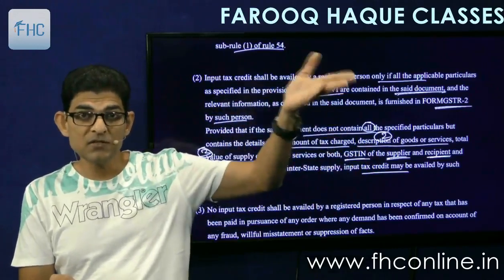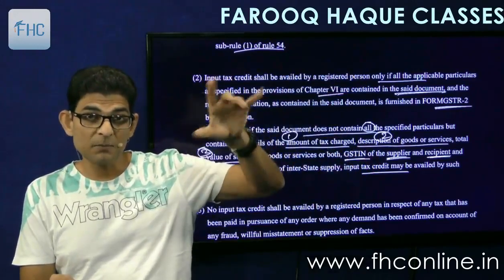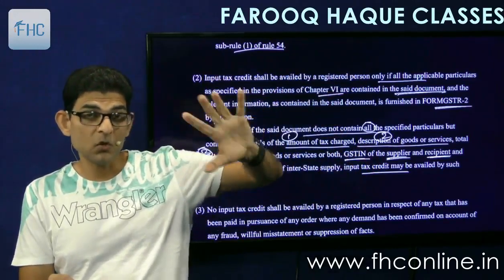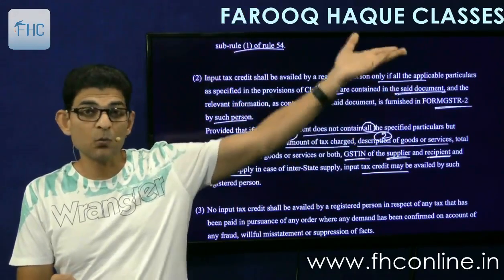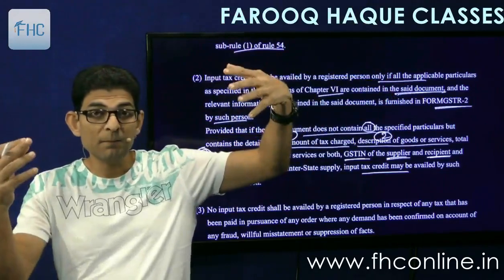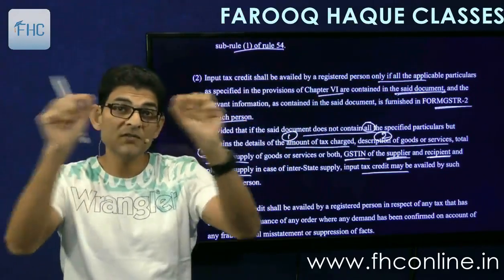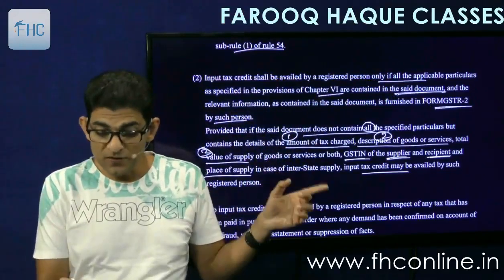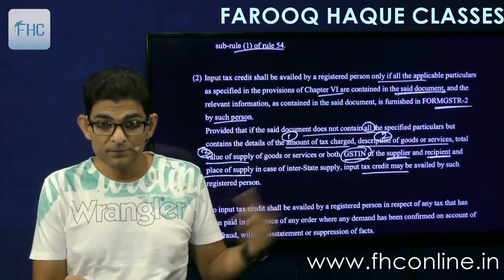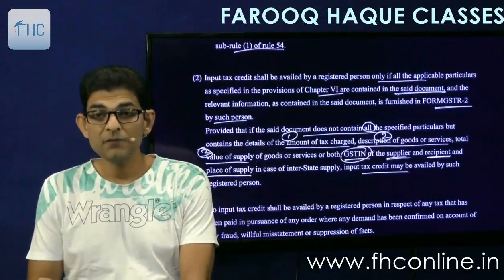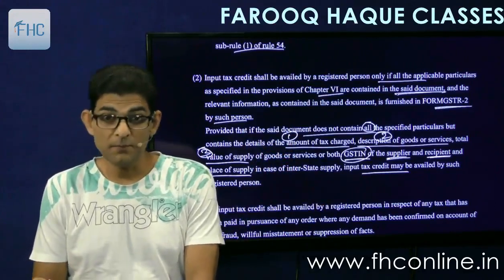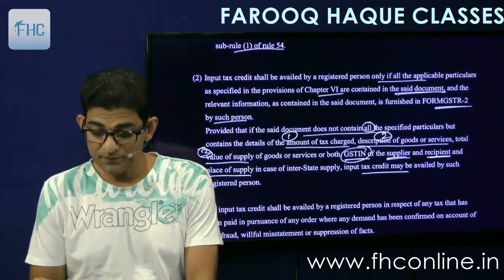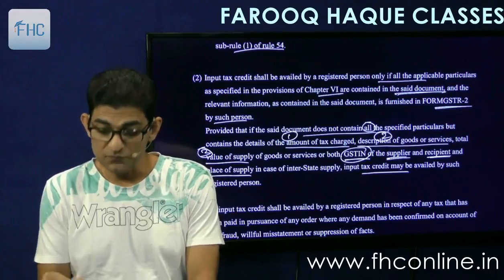The supplier's GSTIN number and the recipient's GSTIN number both have to be mentioned, because once it is entered on the portal through this return GSTR 1 and GSTR 2, the matching will happen by this number. So this number is very important, the registration number. GST identification number must be mentioned, and mentioned correctly, supplier and recipient. So this is the fourth point.